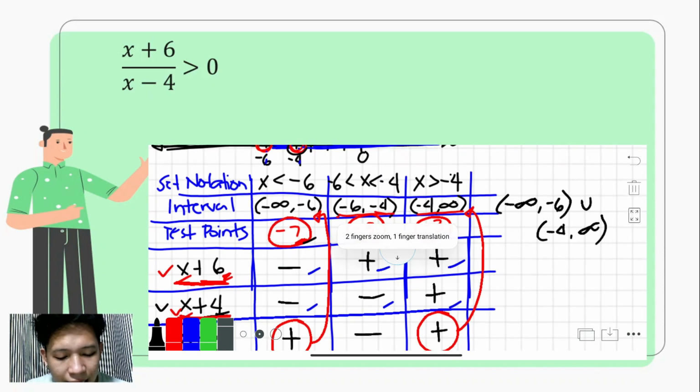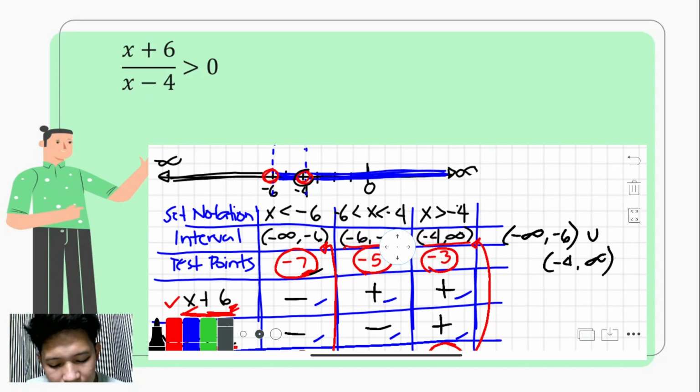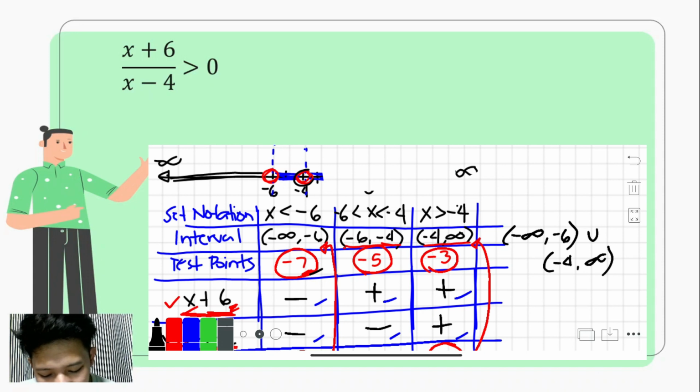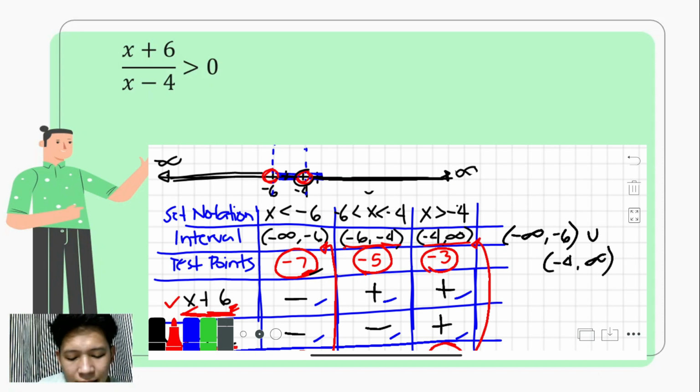Okay po? Hence, kung i-graph natin ulit siya dito, okay, burahin lang natin. So, kung i-graph po natin siya dito, ibig sabihin, yung ating magiging solution would be, sabi natin dito, negative infinity to negative 6. So, ito po yun. Ito, yung ating magiging shaded part, at saka po yung negative 4, comma, positive infinity.